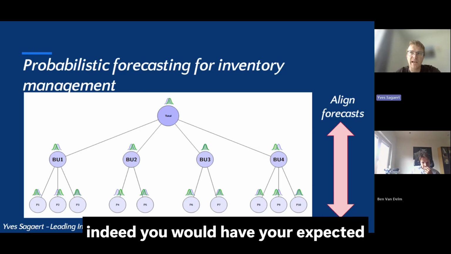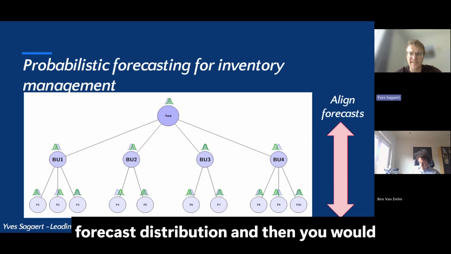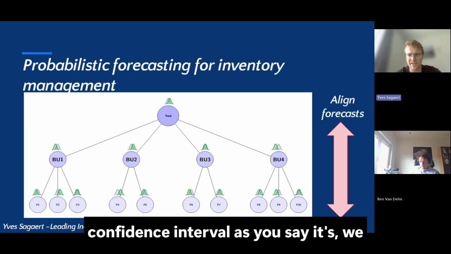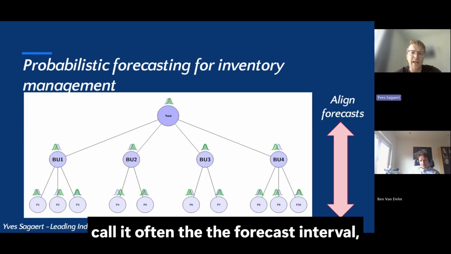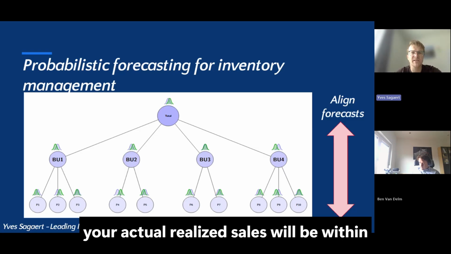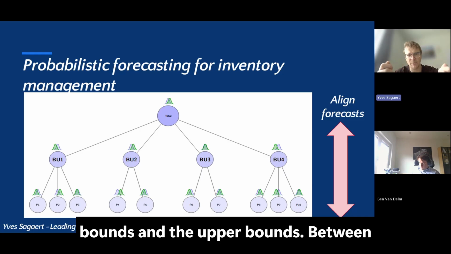Yeah. So indeed, you would have your expected forecast, which is the mean of your forecast distribution, and then around that you would have your 80 or 95% confidence interval, as you say. We often call it the forecast interval, which means that I'm 95% sure that your actual realized sales will be within those two bounds, between the lower bound and the upper bound.